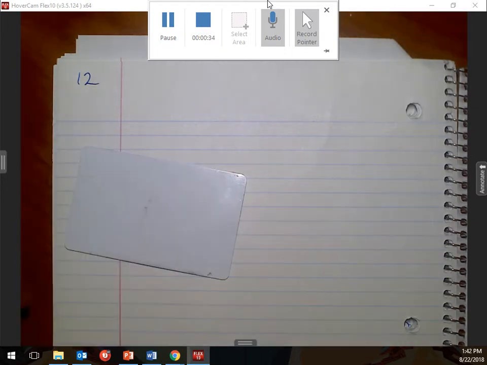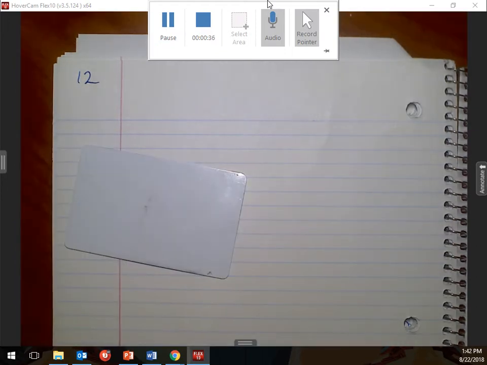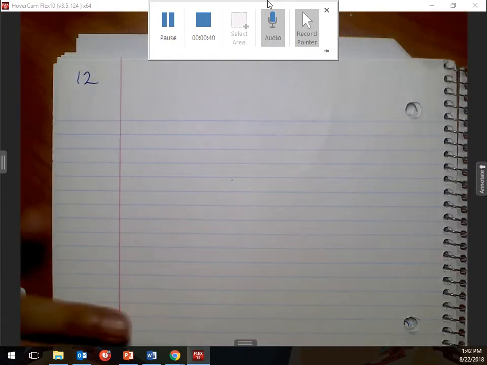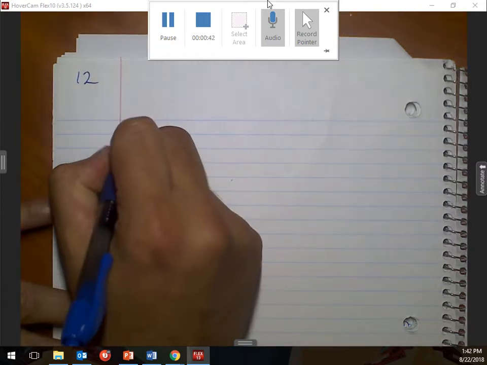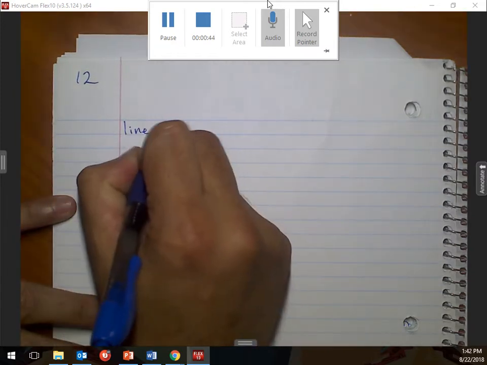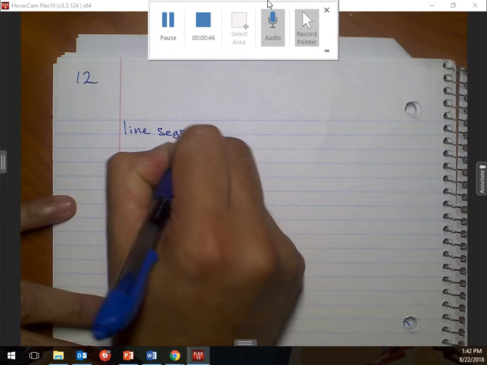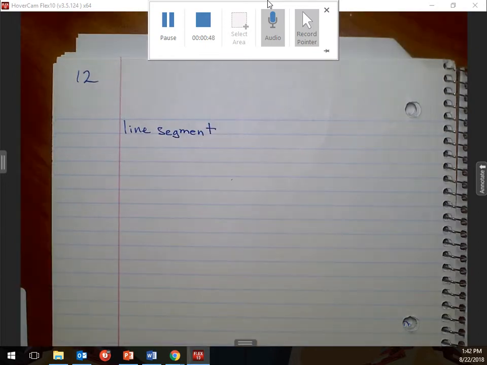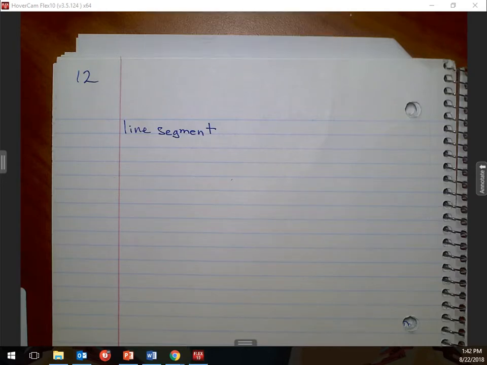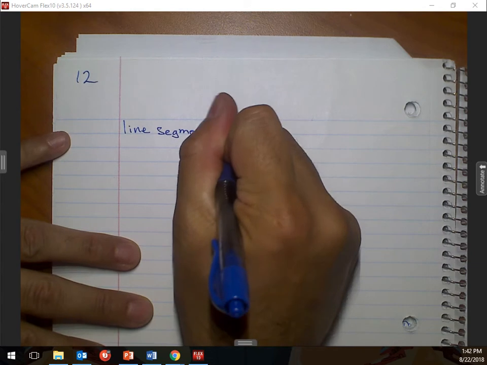So my first thing, I actually started by building on one of my 1.1. The first thing that we had was line segment. So we have line segment. You guys are writing this in there. So we're adding this in here.